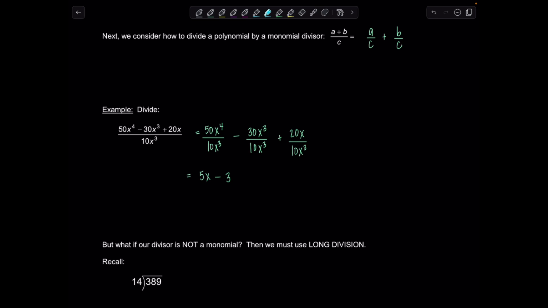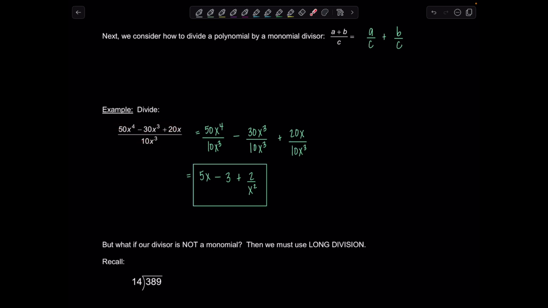So 20 divided by 10, yes, that will simplify to 2, so plus 2. However, we have a higher power of x in the denominator. So I can cancel the x in the numerator, but I have, that's right, an x squared in the denominator here. Okay. So that's how we divide polynomial by monomial.